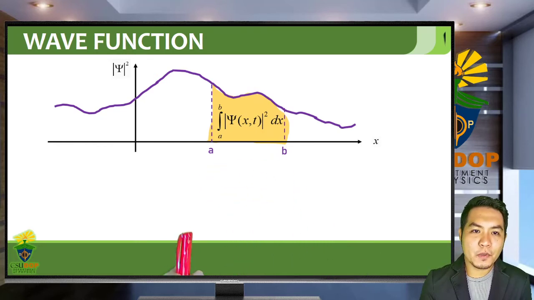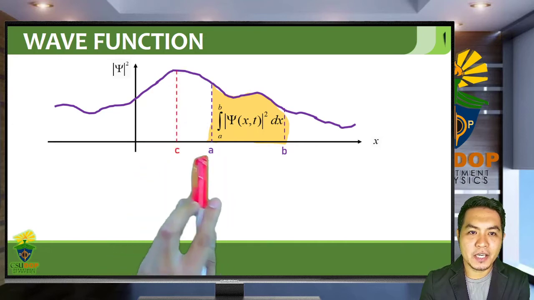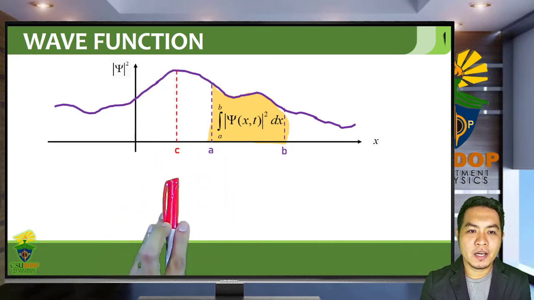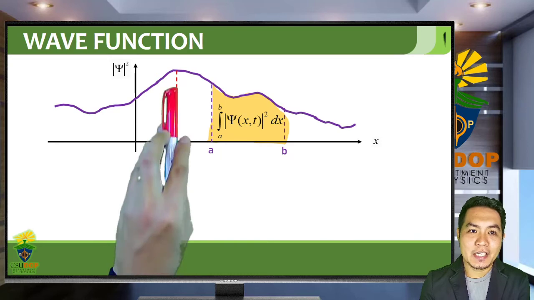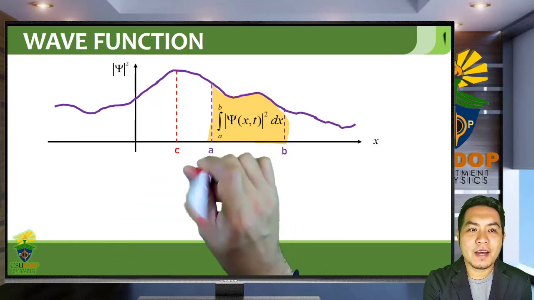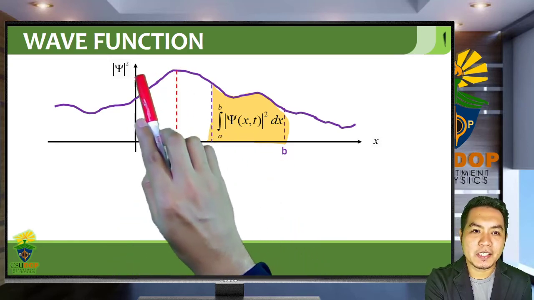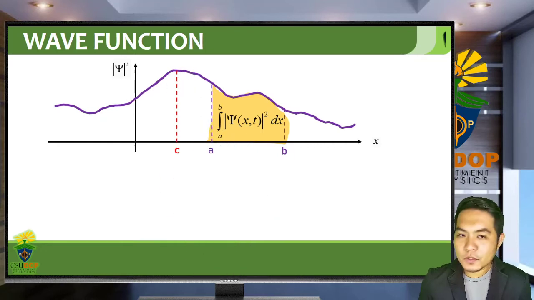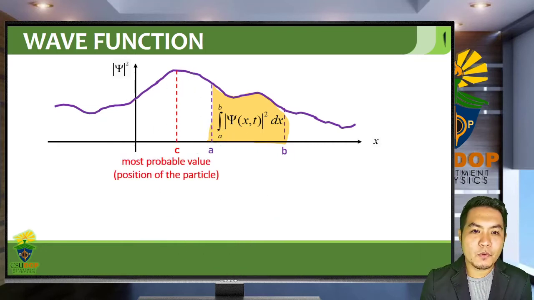In this case, you will notice that there's a peak here, say at point C, and this has the highest value of probability density. So this will also give you the most probable value. In this case, the value that we're talking about is the position of the particle.